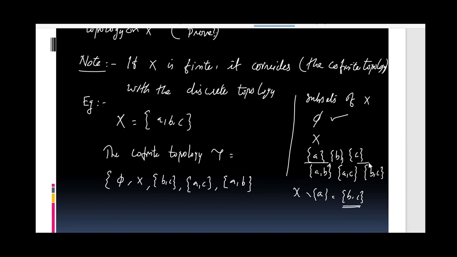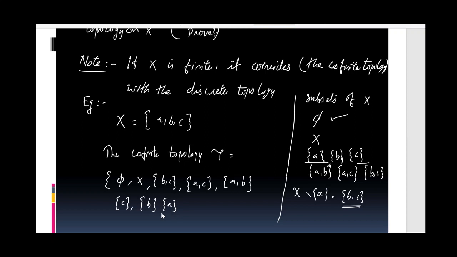So this I have covered. Next is AB: its complement in X is the singleton C, which is finite, so I include it. Next AC, its complement is B, again finite. Next BC, its complement is A, also finite.